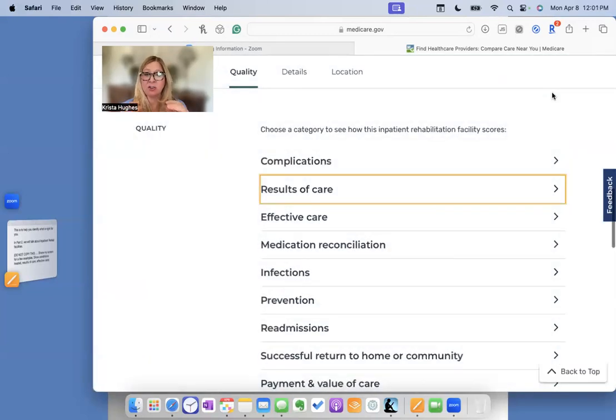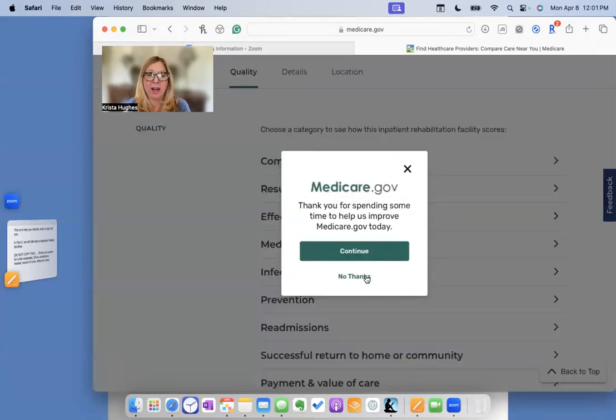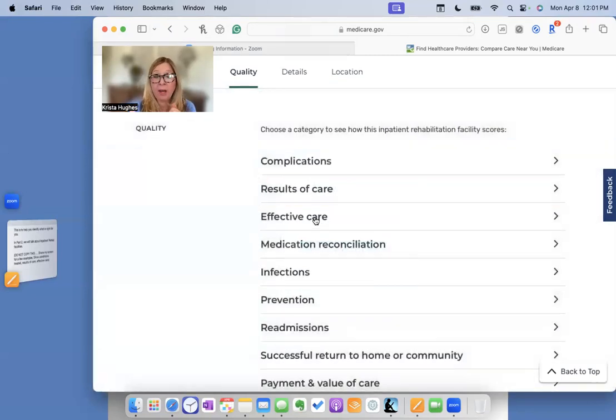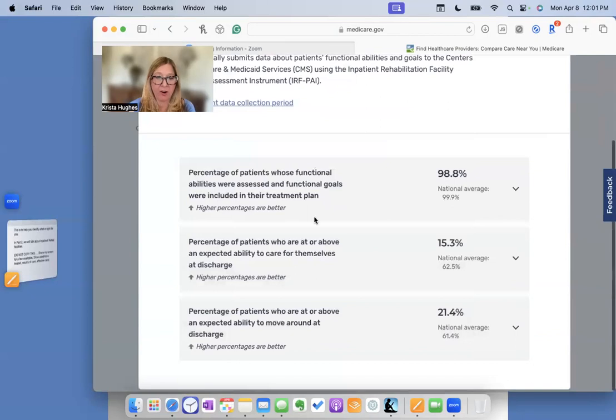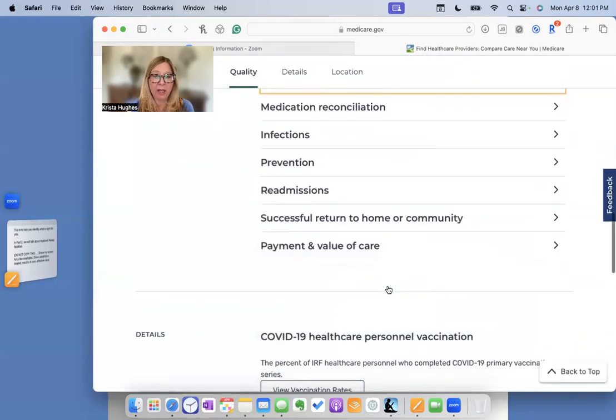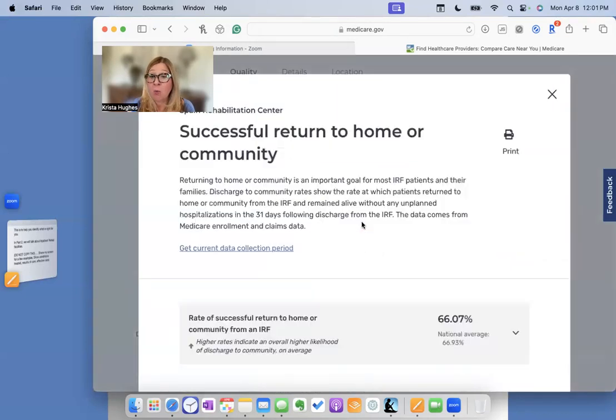And like I said, this is just a great tool and it's a great discussion guide to have with these facilities. You can tell them, hey, I got on Hospital Compare and I noticed that your results of care were below national average. Can you make me feel better about it? Effective care. So again, it is a great tool for you to go in, successful returning home.